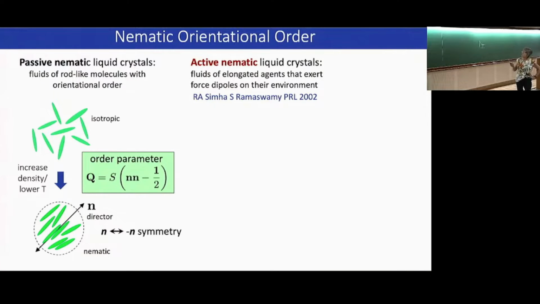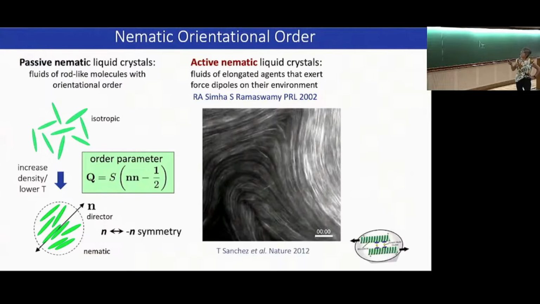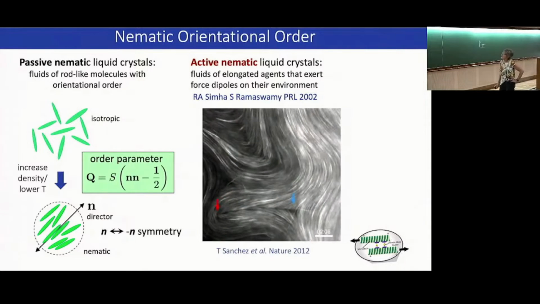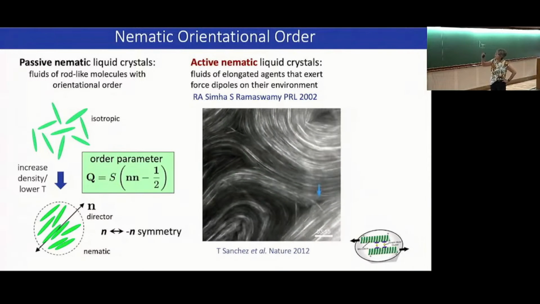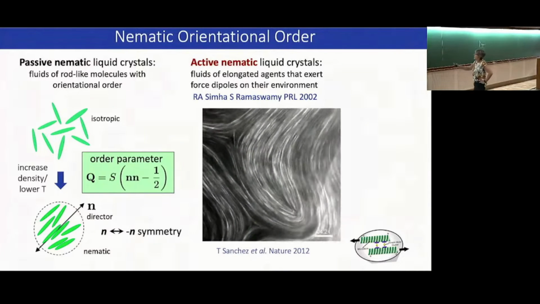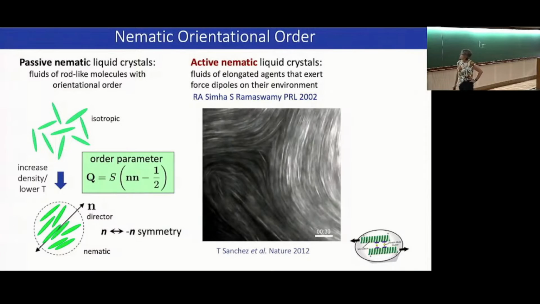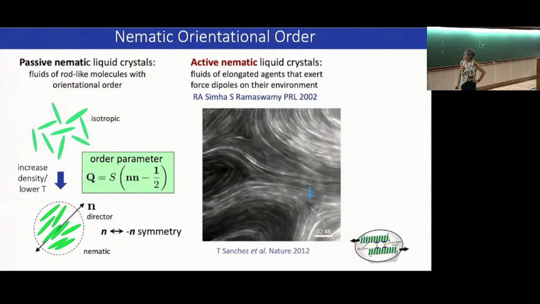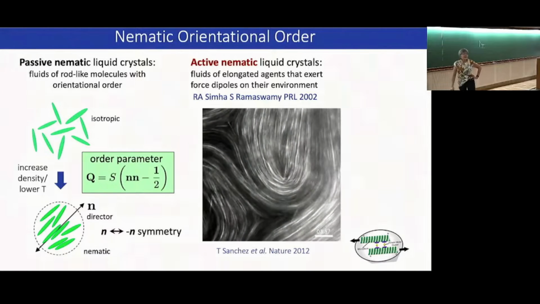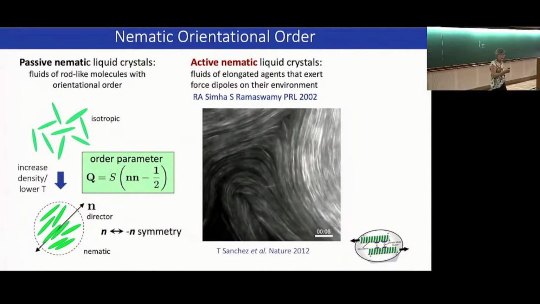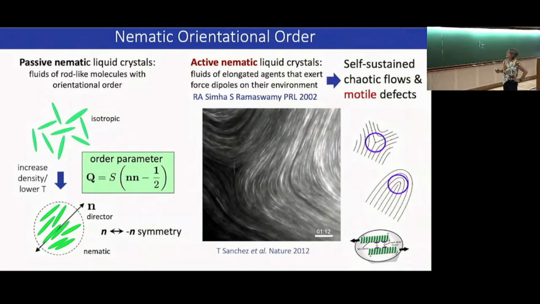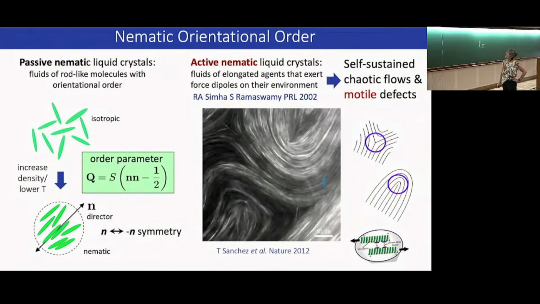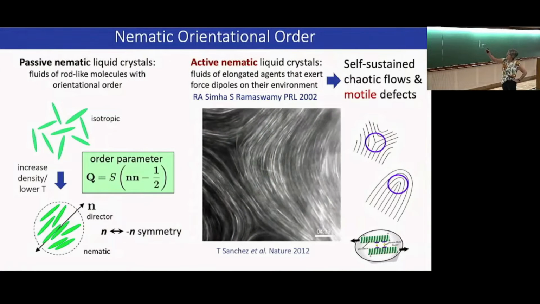And 10 years later, in 2012, Zvonimir essentially developed this system, a suspension of microtubules cross-linked by kinesin motor protein at an oil-fluid interface, which has become the paradigmatic example of an active nematic. The key characteristics are self-sustained spatiotemporal chaotic flows and the presence of topological defects.